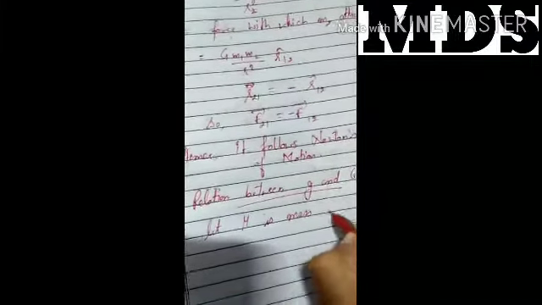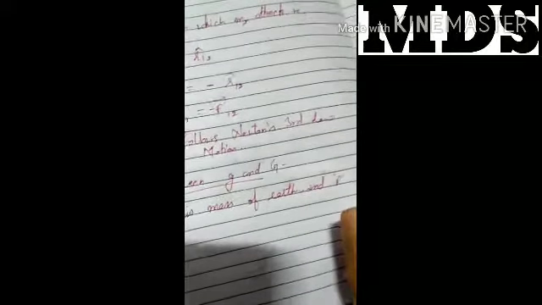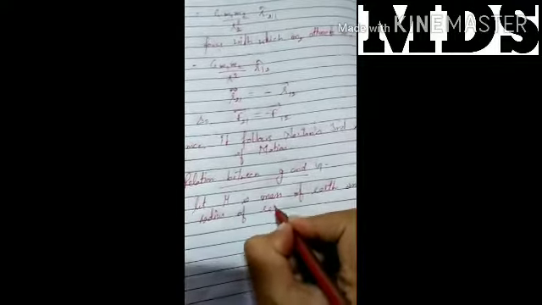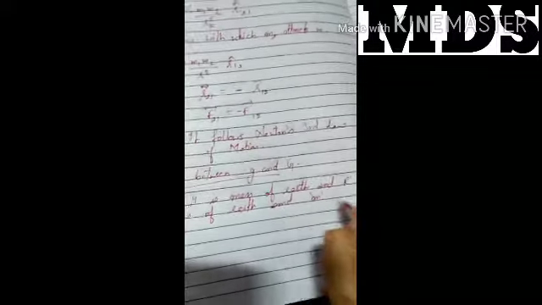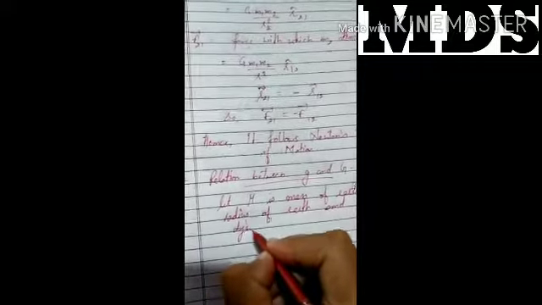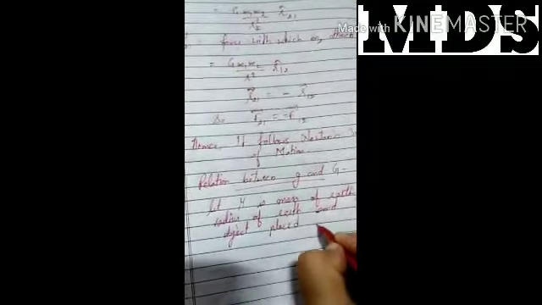Let M be the mass of the earth, R the radius of the earth, and small m the mass of an object placed on the surface of the earth.